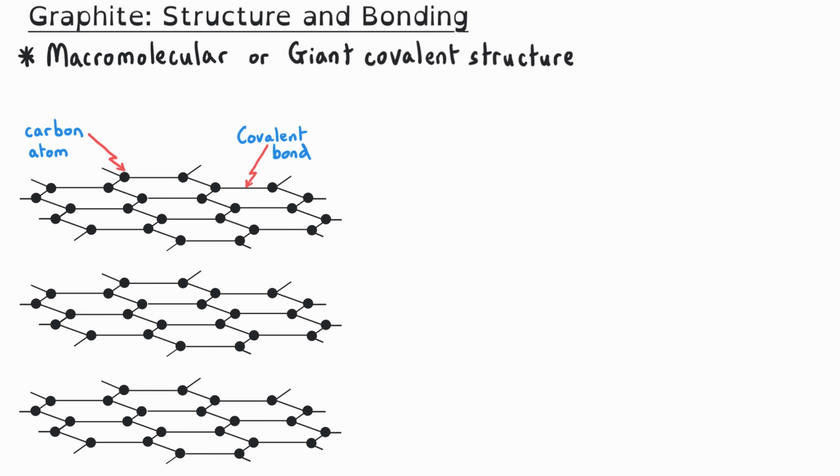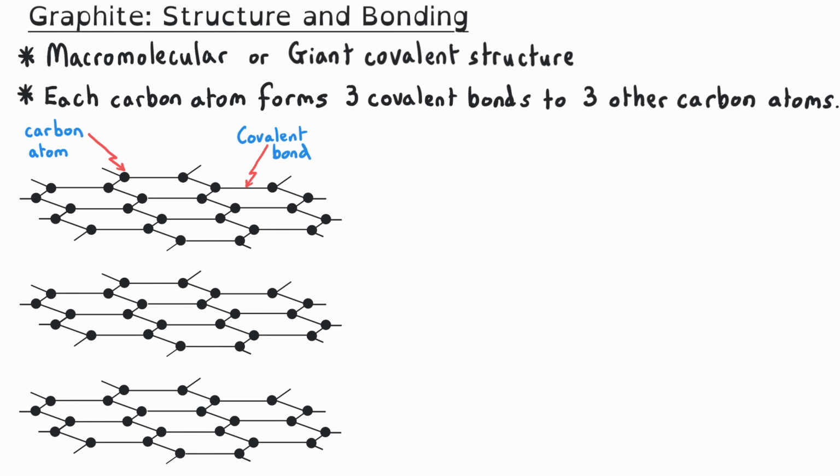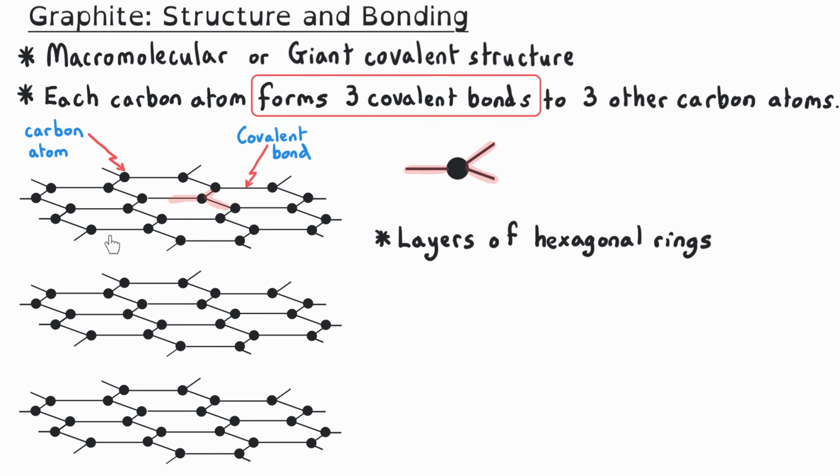Graphite is a giant covalent structure, meaning it's made up of a huge number of carbon atoms in a repeating pattern. Each carbon atom, shown as a black circle in my diagram, forms 3 covalent bonds, which are the black lines, to 3 other carbon atoms in this structure, resulting in layers of hexagonal rings.